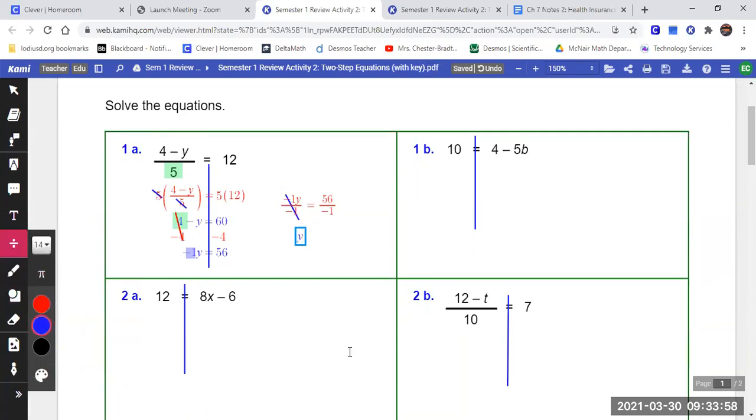But the y is going to equal what now? 56 divided by -1. What do we get? What's 56 divided by -1?